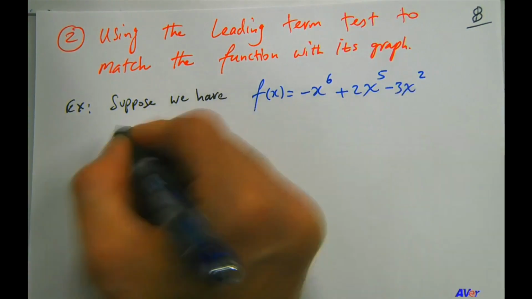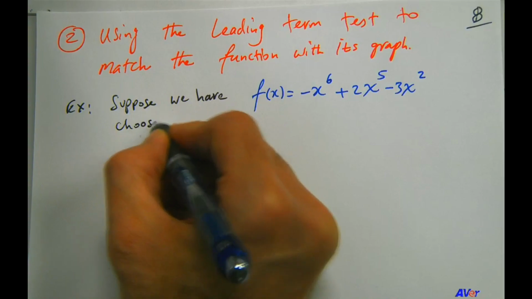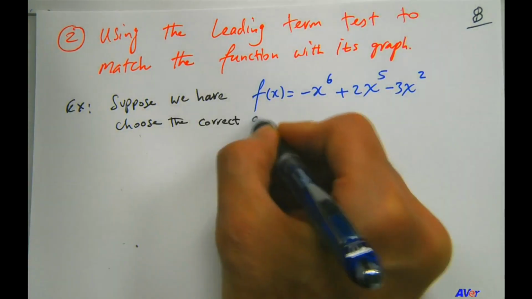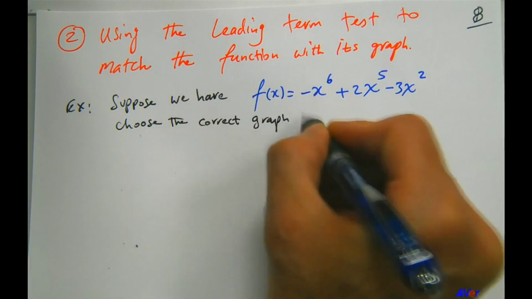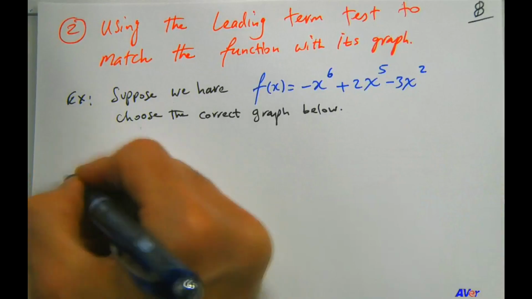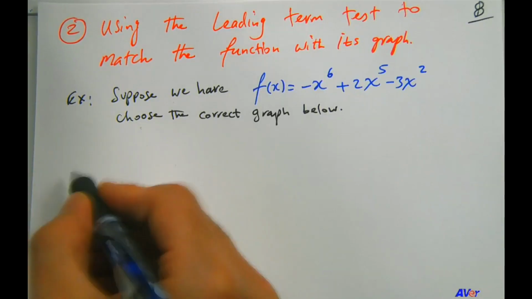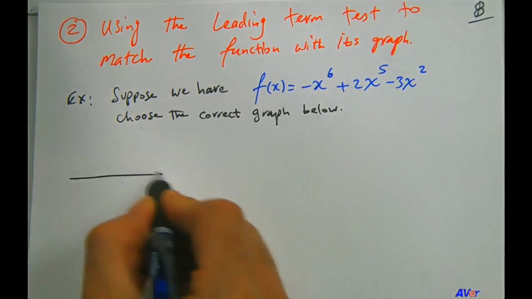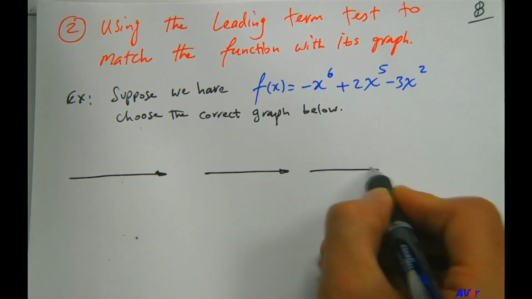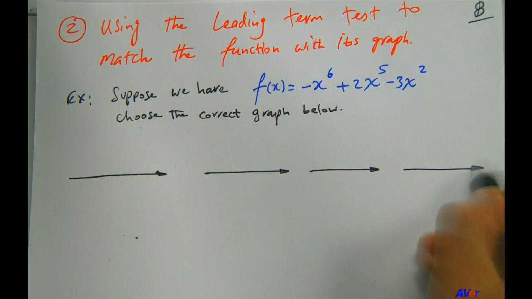Choose the correct graph below. Okay? So let's say we have 4 of these. 1, 2, 3, and 4.